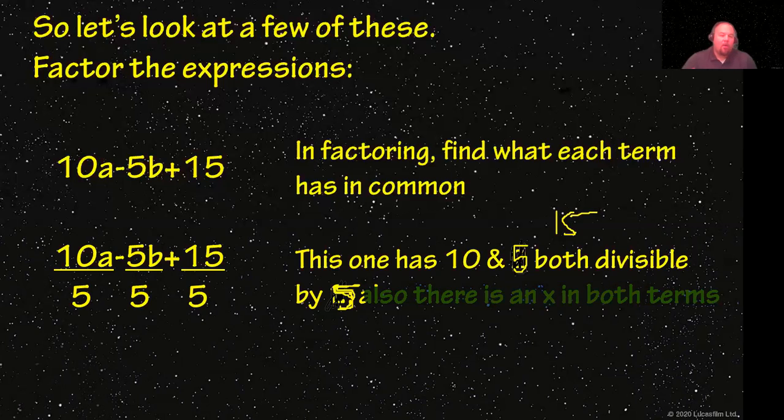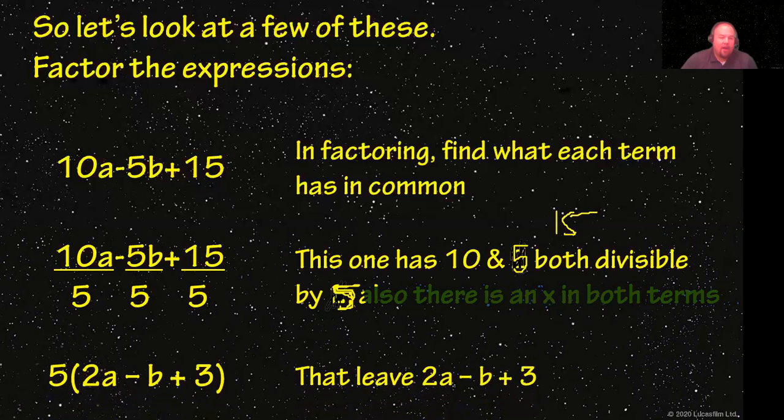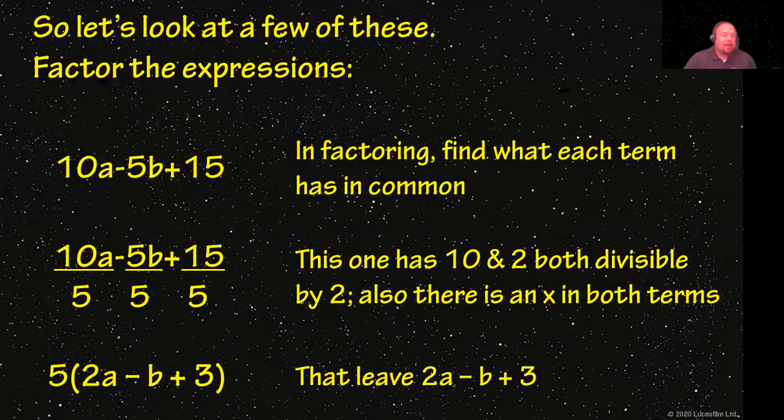Okay, so we see that you could take a 5 out of all of them. So in your final answer, we took a 5 out. 5 goes into 10A 2 times, 5 goes into 5 1 time. And if you notice there, I just left the B because I don't need to put a 1 there. I could put a 1 there, but it doesn't have to be there.